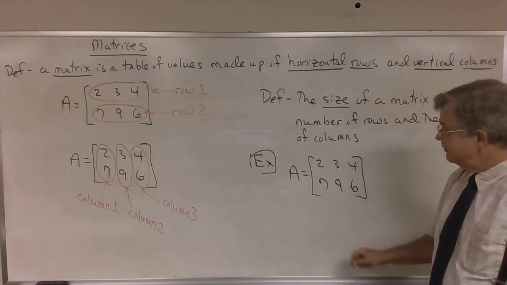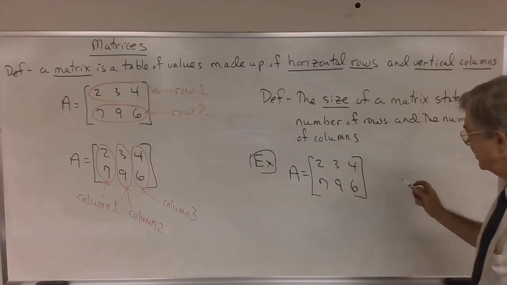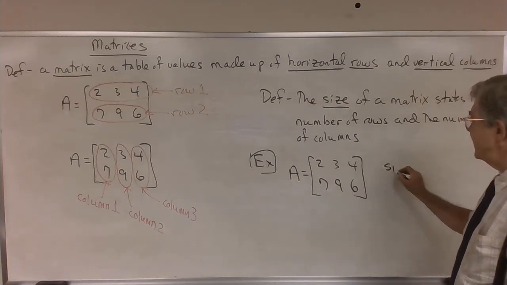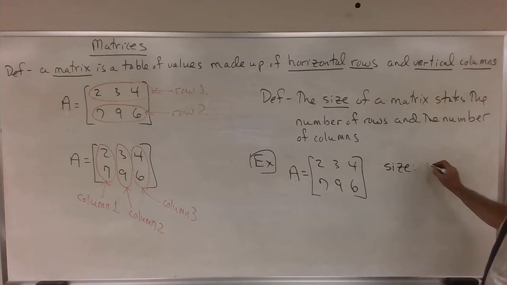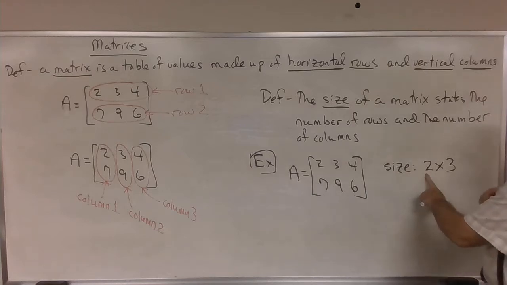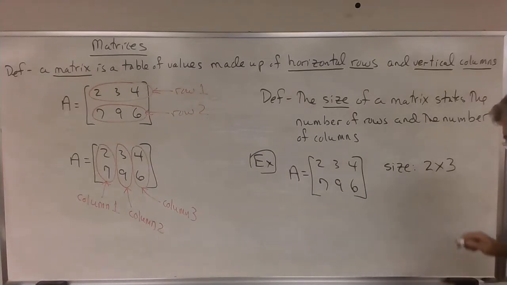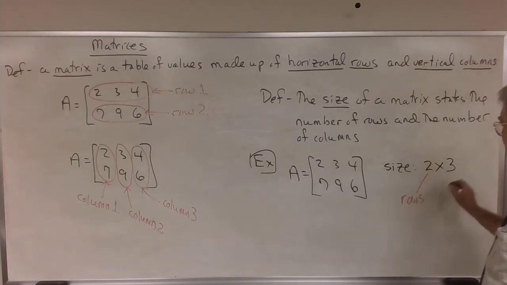The columns are vertical, so it has 1, 2, 3 columns. So the size of this matrix is 2 by 3. Number of rows by number of columns. And the convention is always rows first, columns second.